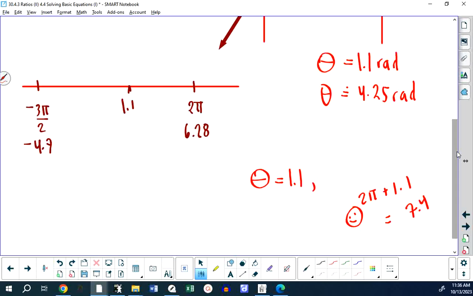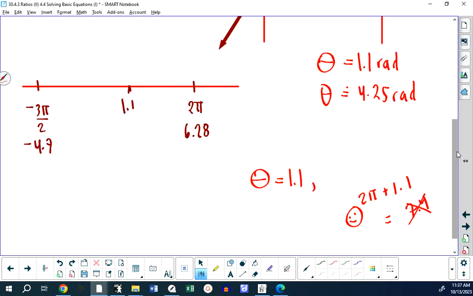Is 7.4 in this domain? No. So this is not a solution. We're not going to add another 2 pi in the hopes that we will get a number that's in there. This is why I think the number line is a good visual. When we move to the right from 1.1 to coterminal solutions, we go outside of the fence.